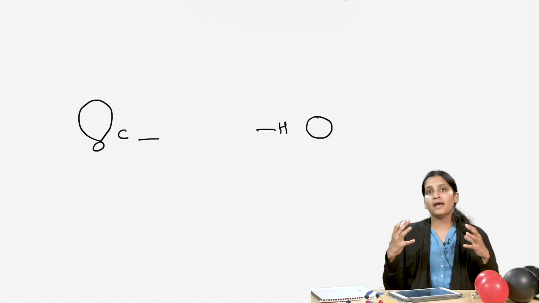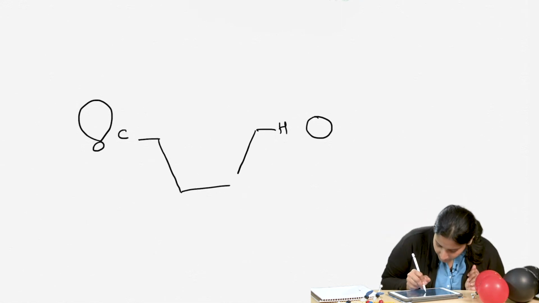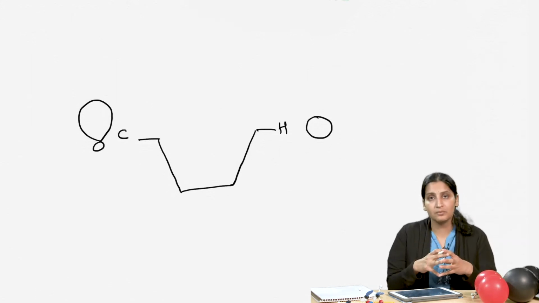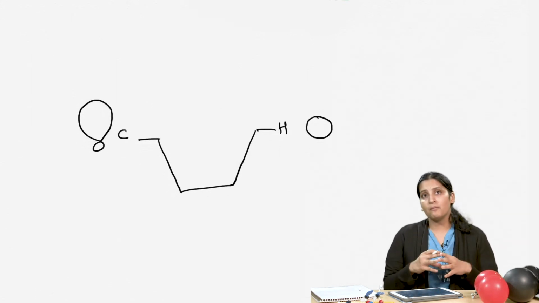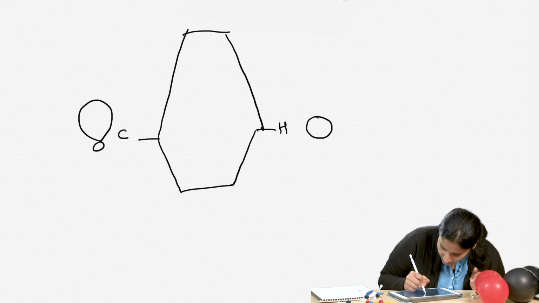When both of these combine, remember that I can form a bonding molecular orbital, which is formed because of combination or addition of these two orbitals, or I can form an anti-bonding molecular orbital which is much higher in energy. So I have one electron here and one electron here.